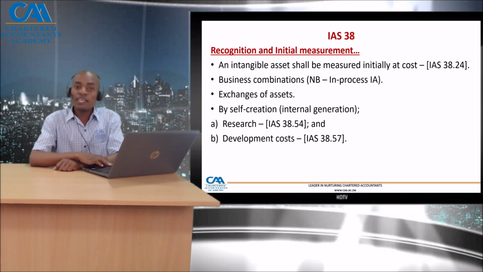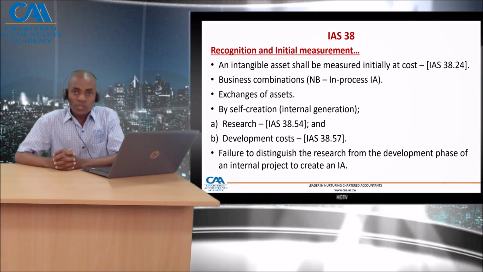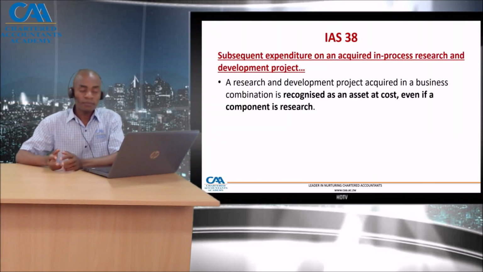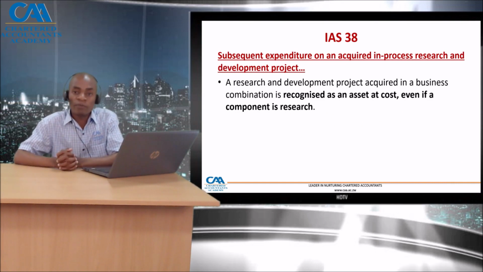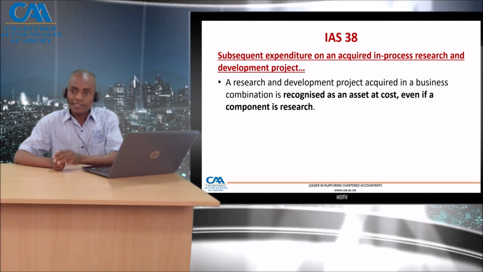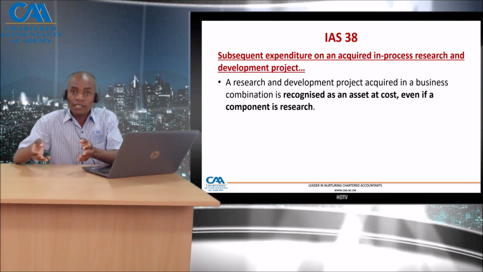Then moving on to the next slide, we have subsequent expenditure on an acquired in-process research and development project. We have a situation where the entity has bought another entity in a business combination.